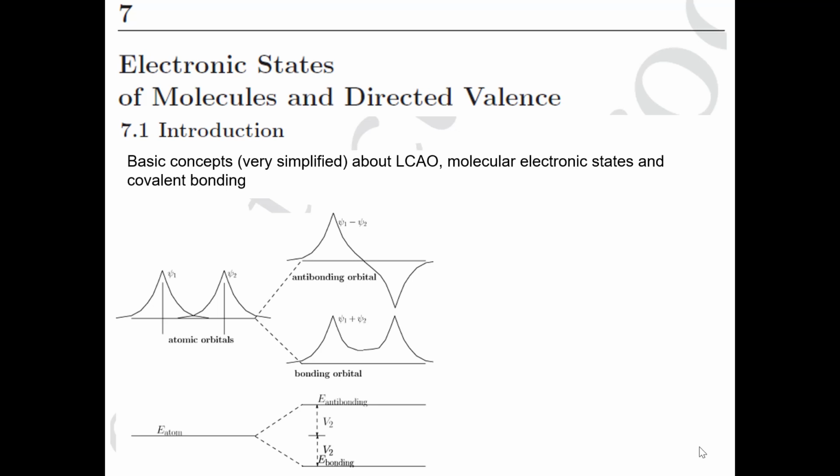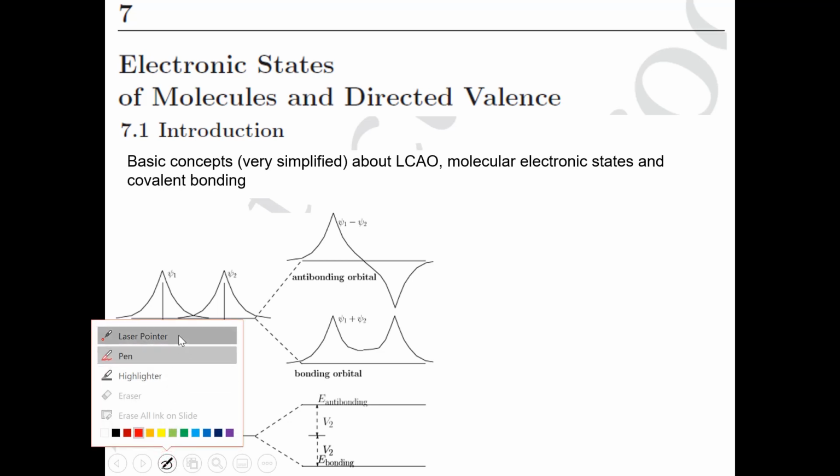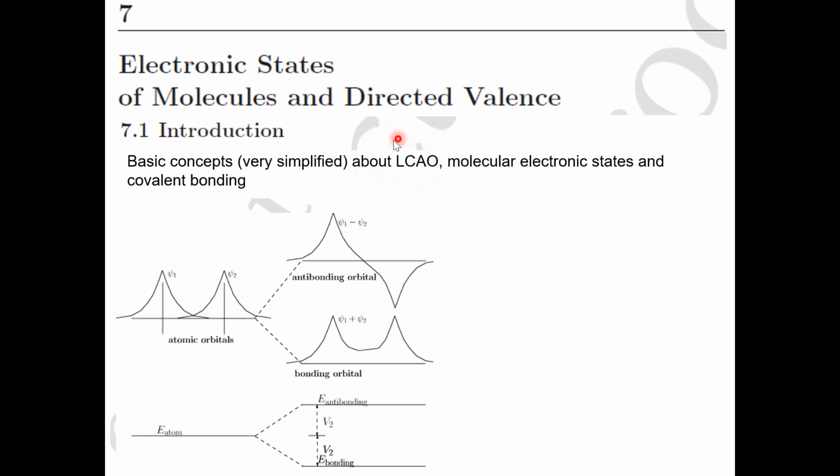One of the most common methods to investigate the electronic structure of a molecule is to start with an approximation called LCAO, a linear combination of atomic orbitals, in which you expand the wave functions of the molecule in terms of linear combinations of orbitals that are centered on the atoms.